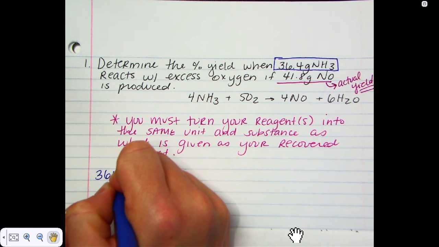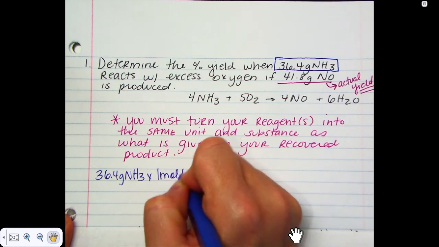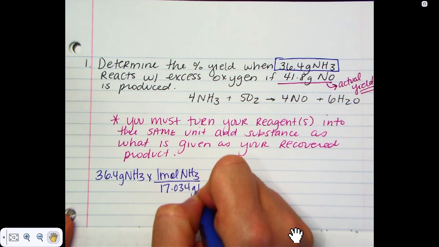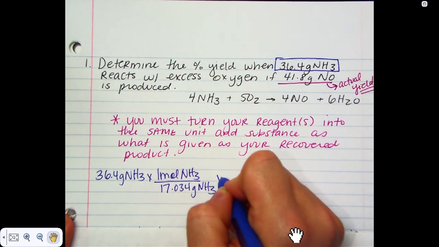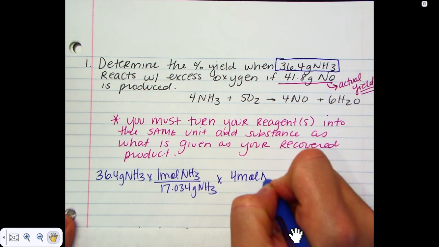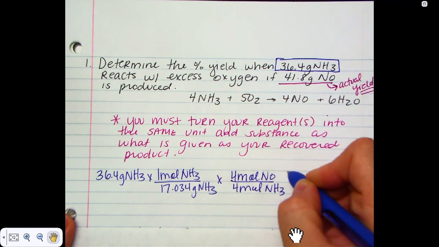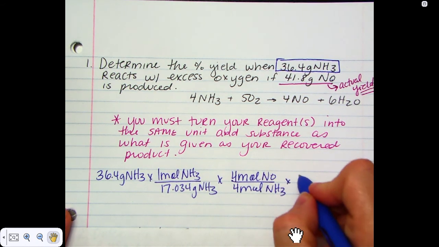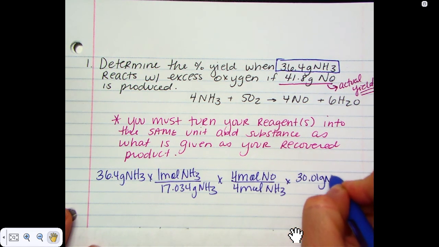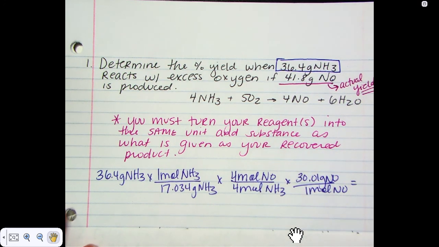So 36.4 grams NH3 times 1 mole NH3 over 17.034 grams NH3 times, I'm going to NO, so 4 moles NO over 4 moles NH3 times the molar mass of NO, which is 30.01 grams NO over 1 mole NO. All right, so let's make this easy for ourselves.